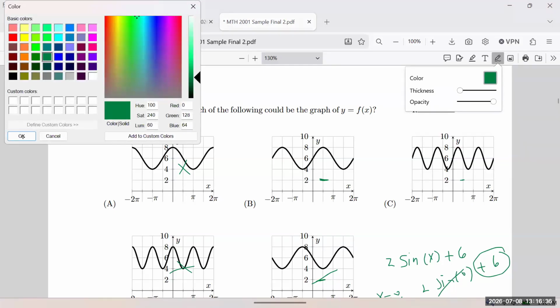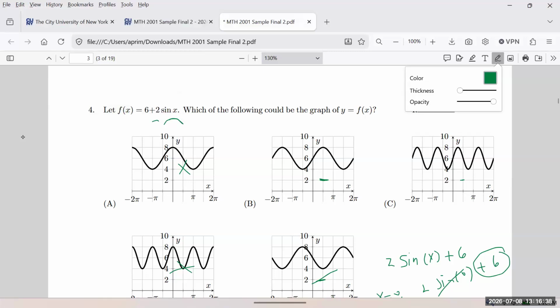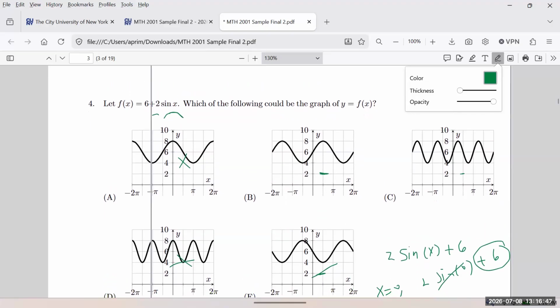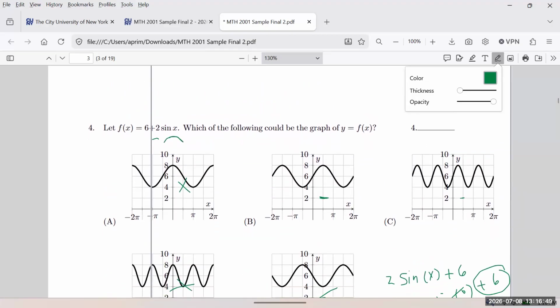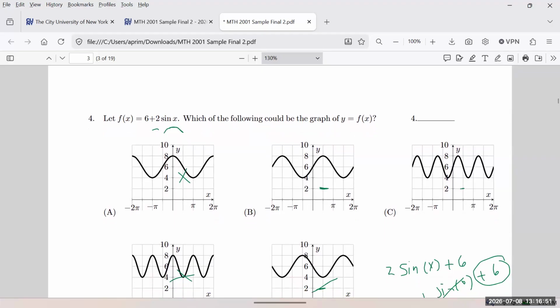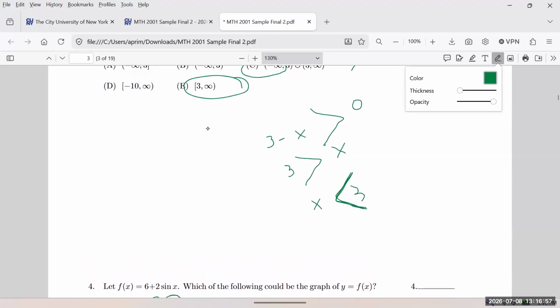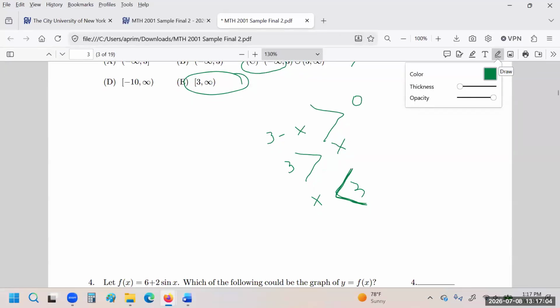And what's wrong with this? How can I get out? B and C, which one makes sense? Period. What is our period? 2 pi. So how many periods you have here? Why can't I draw? Come on. So we have one cycle. Let me try to open it with Edge. Edge is much better than Firefox.